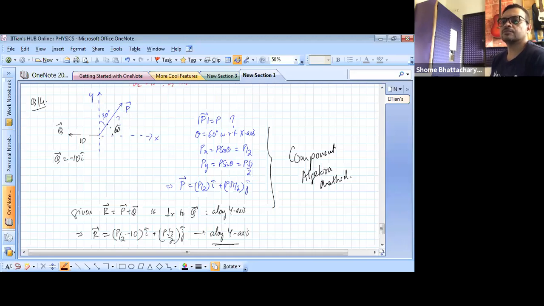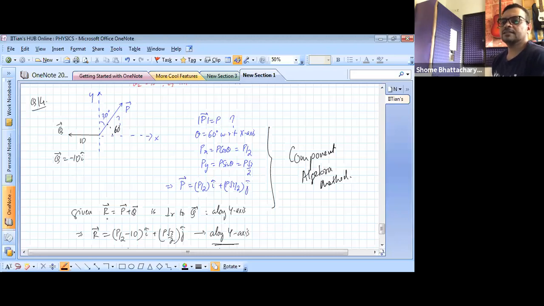So whatever the magnitude p, the x component is p by 2, the y component is p root 3 by 2. So I can express the vector p in terms of the unknown quantity, which is its magnitude. So I've got this vector p expressed in component form in terms of capital P, the magnitude, and I've got the vector q completely known, it is minus 10 i cap.